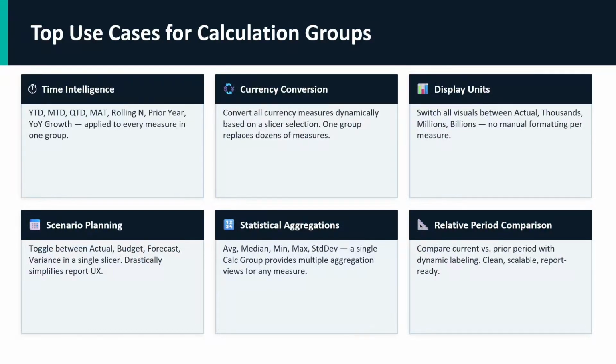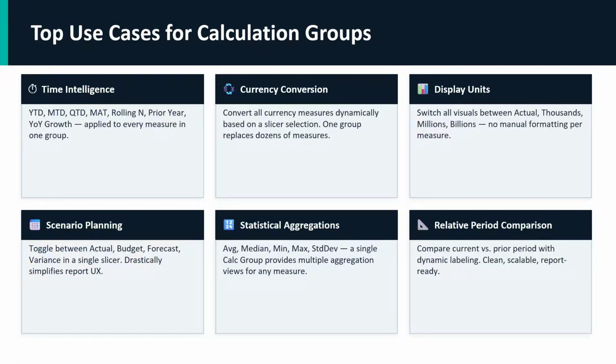Another common one is statistical aggregation. You want to do average or median, mean, standard deviation, max. You write everything once and it applies everywhere. You want to know the average sales, average order, average this, average that.